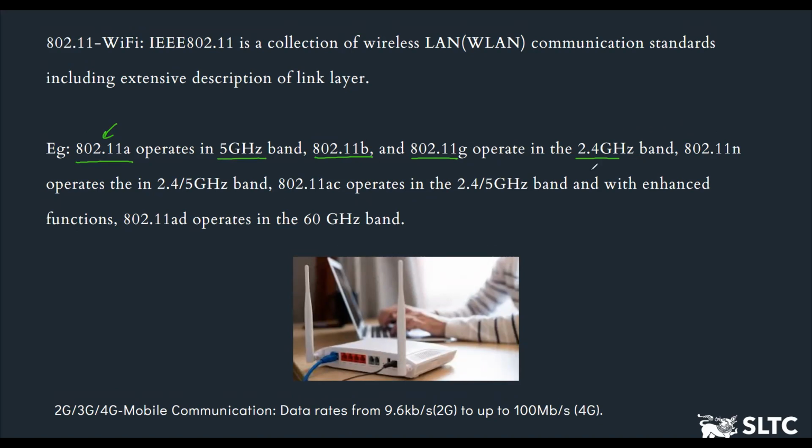Once we are using a certain standard for Wi-Fi communication, certain specific things like modulation schemes, frequency of transmission, and the method of transmission, all those things are defined, right?